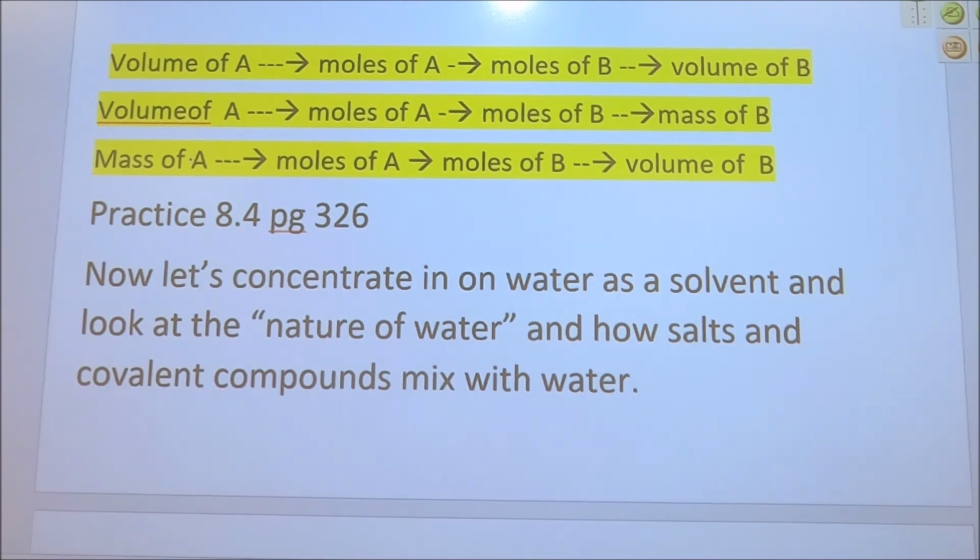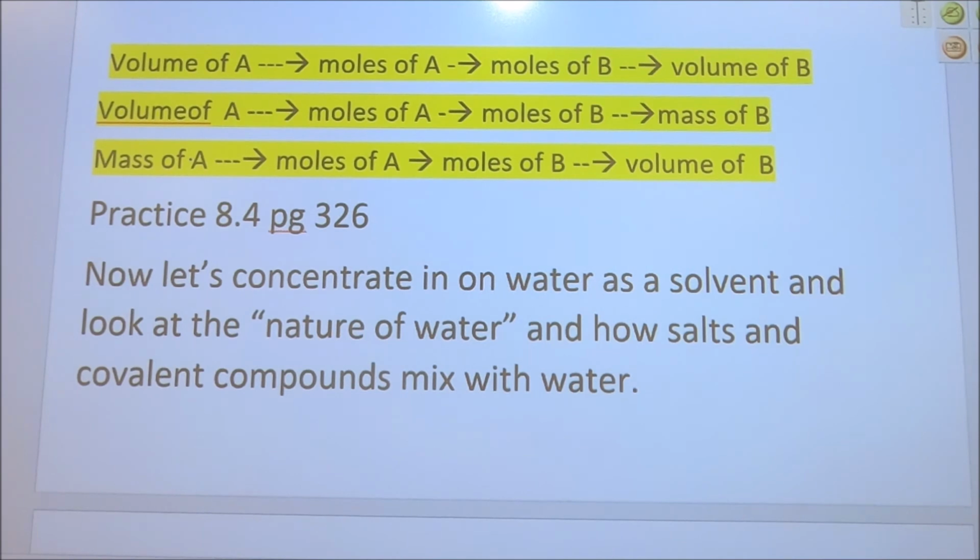It says, what volume in milliliters of a 0.150 molar nitric acid solution will completely react with 35.7 milliliters of a 0.108 molar sodium carbonate solution according to the reaction below, which has sodium carbonate reacting with 2 nitric acids to give us 2 sodium nitrates, a carbon dioxide, and water.